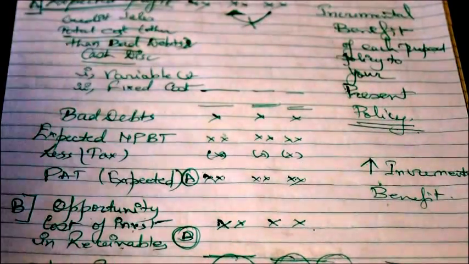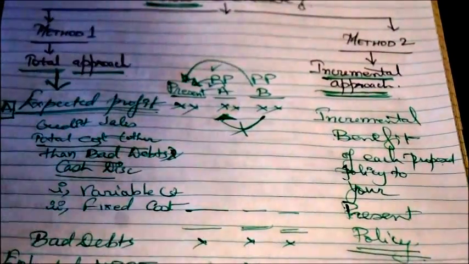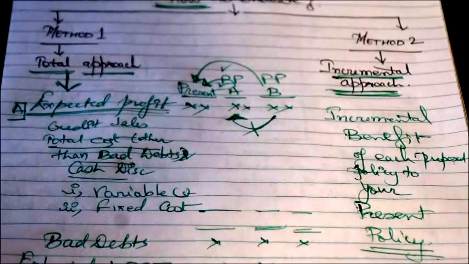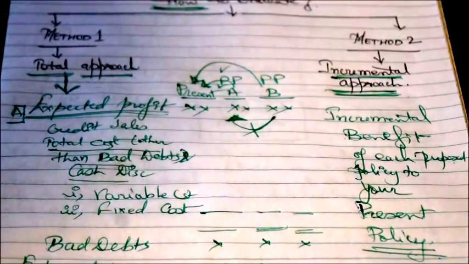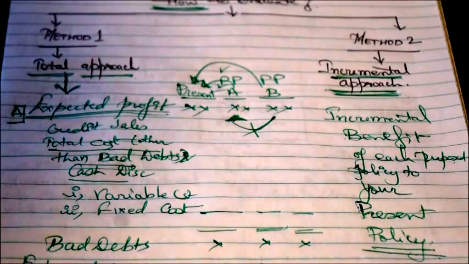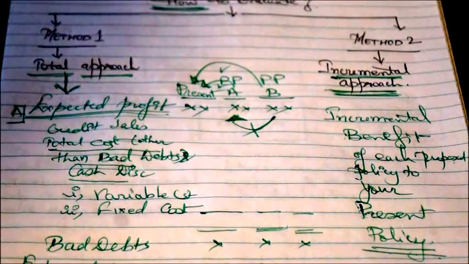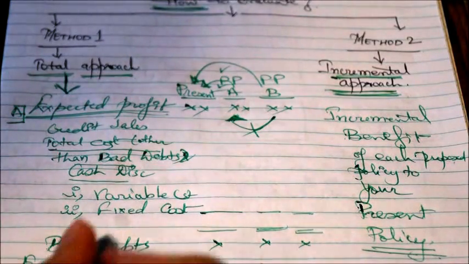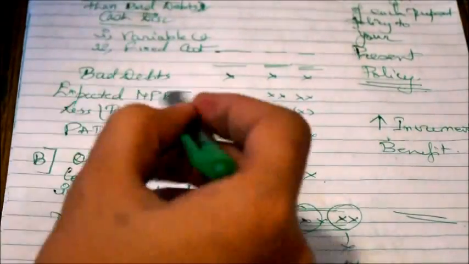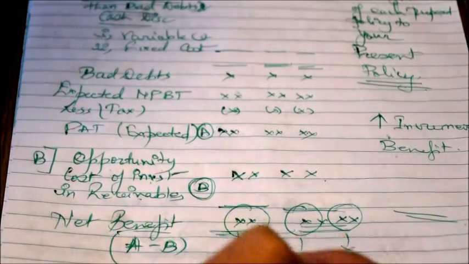So these are the two methods of evaluation. Evaluation of your debtors will happen in the two methods. One will be a total, wherein you will calculate your policy, you will calculate your net benefit, or you will calculate your total benefit. Under this approach, you will calculate your total benefit and you will subtract the other cost which you have calculated, and you will get your net benefit.